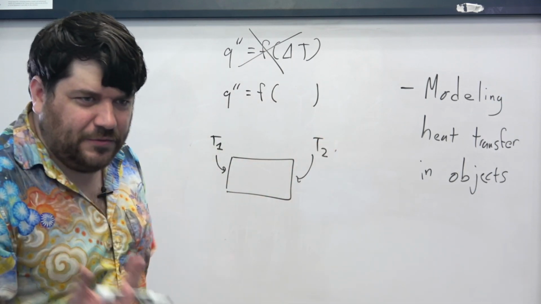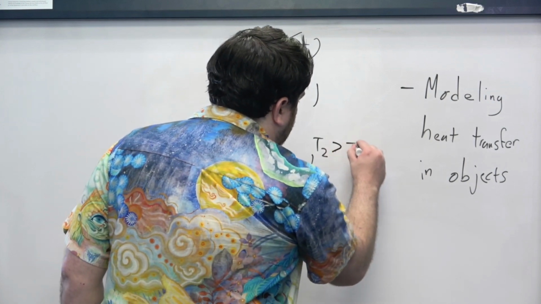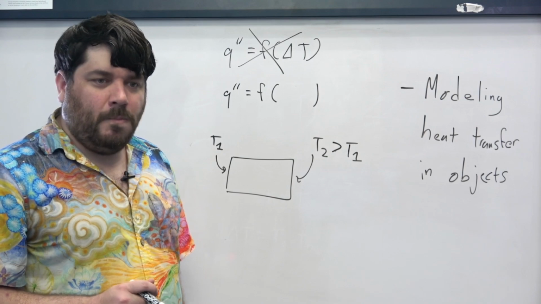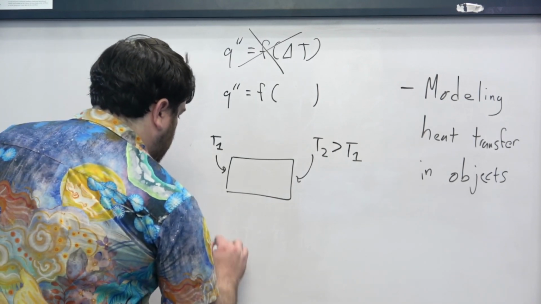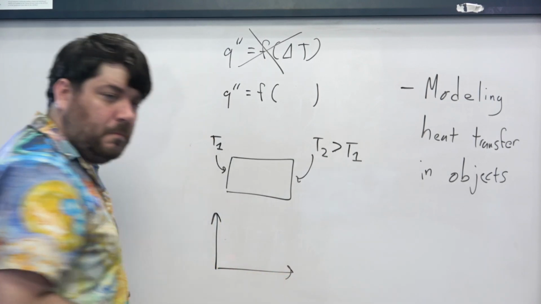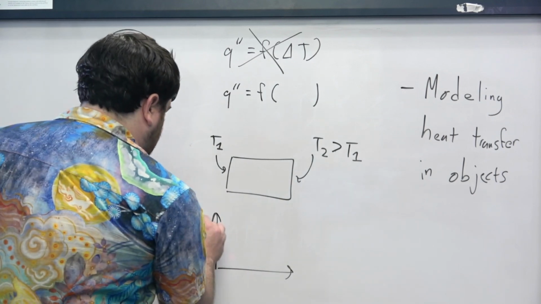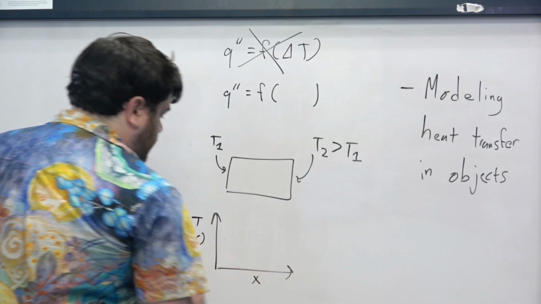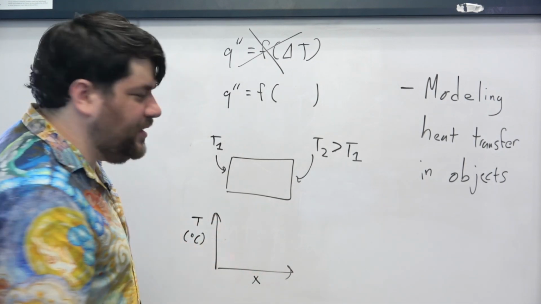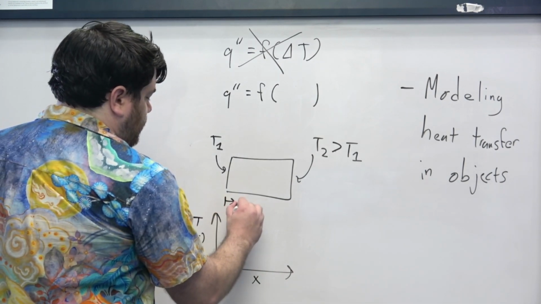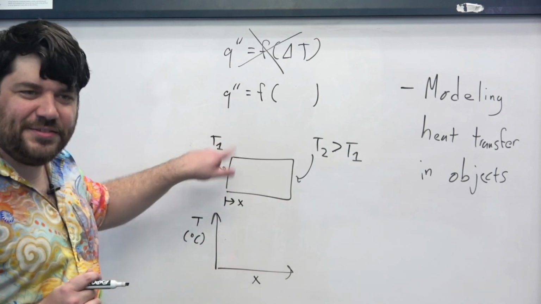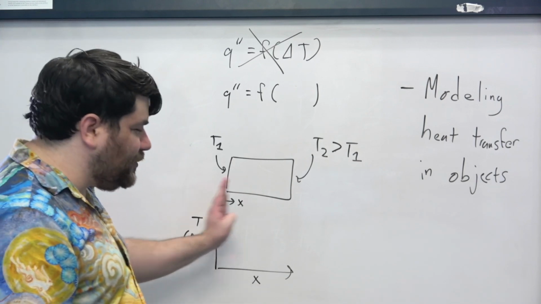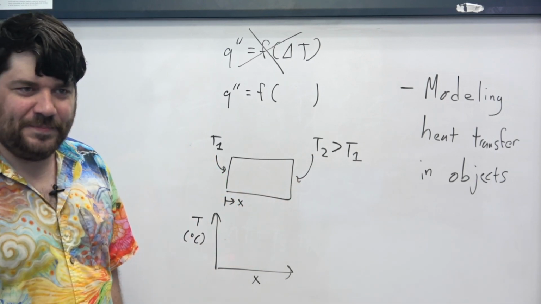Now, for the sake of just making a graph, we're going to say that T2 is larger than T1. And if we draw the graph, I'm going to define a variable x such that x is 0 on the left side of the slab and some positive value on the right side, so that it increases as you go left to right.